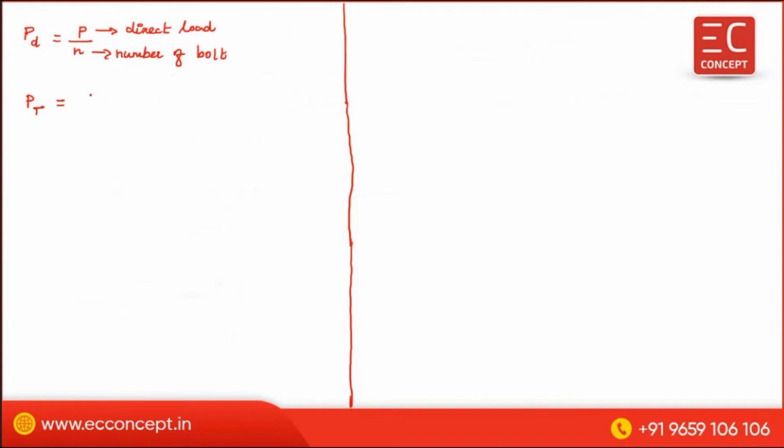We can write P into E, that is the twisting moment, divided by summation of R square, into Ri. Okay, now see the resultant force.